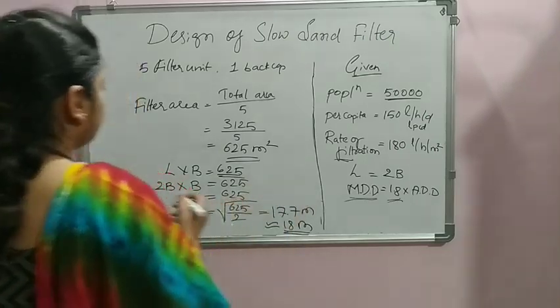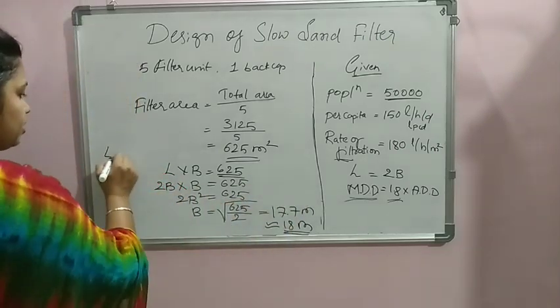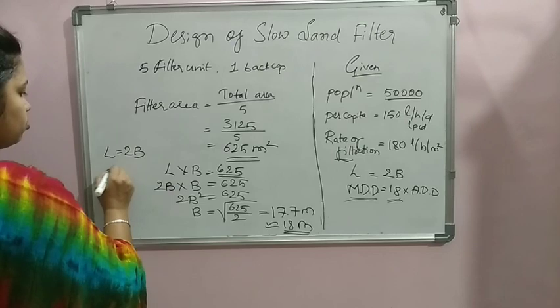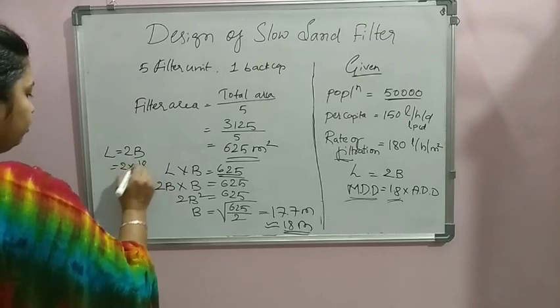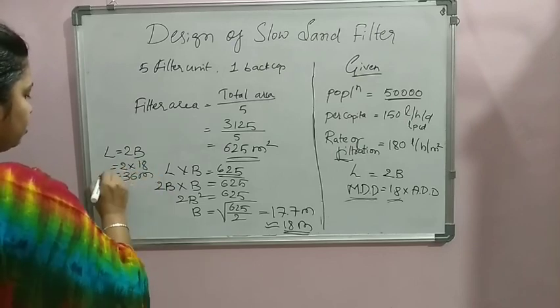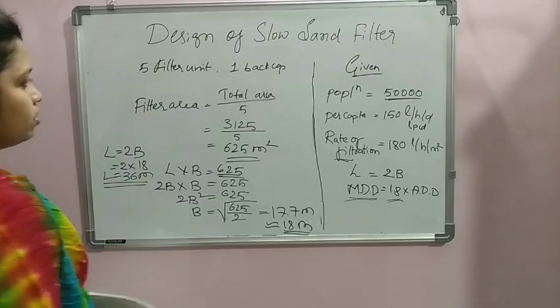Now already we know the condition that L is equal to 2 times the breadth. So 2 into 18, we get 36 meters. So length we have as 36 meters.